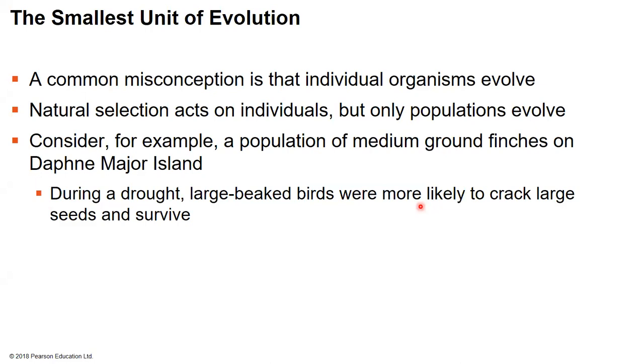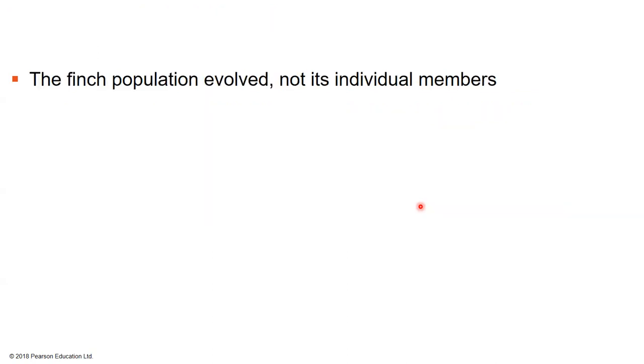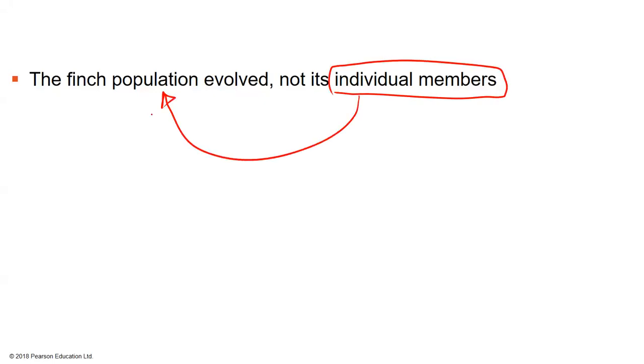So microevolution. Here we're going to discuss the evolution at the level of the population, not at the level of the individual members of the population. Okay? Individual members are the organisms that constitute the population.